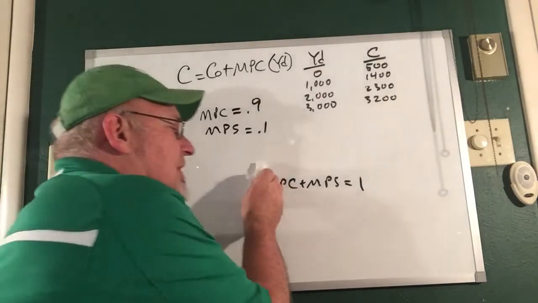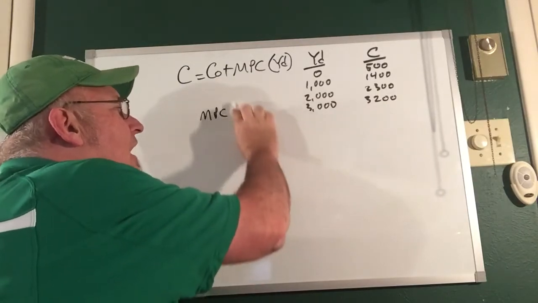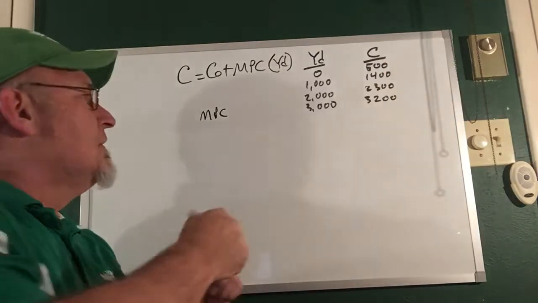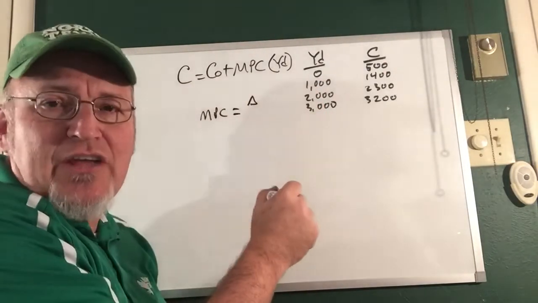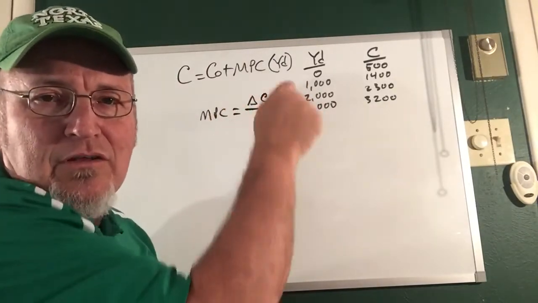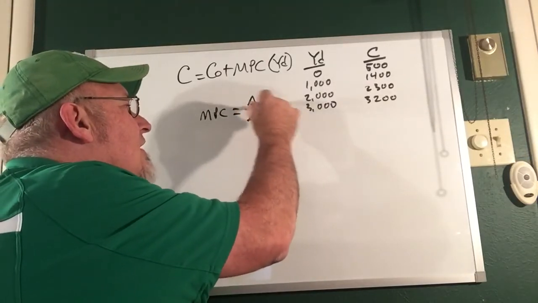Here's another way. Let's say I don't give you marginal propensity to save. Let's say I give you a schedule like that. Now, what are you going to do? Well, in that case, your marginal propensity to consume is just your change in consumption, that little triangle, delta, is change, over your change in income.